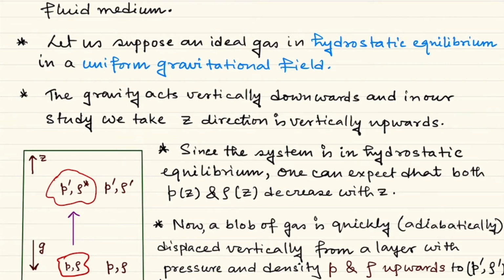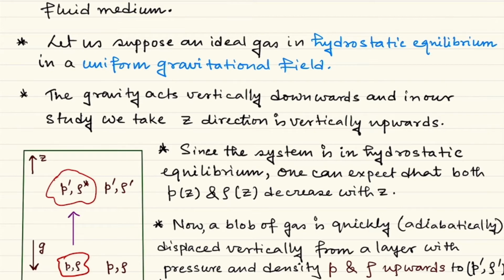So the layer below had pressure and density P and rho respectively, and from this the blob is now displaced to a level where the surrounding pressure and density are given by P prime and rho prime. Now remember, before perturbing, everything is in equilibrium. I am taking the mass of the blob of fluid, which was an indistinguishable entity from the surroundings before taking it.